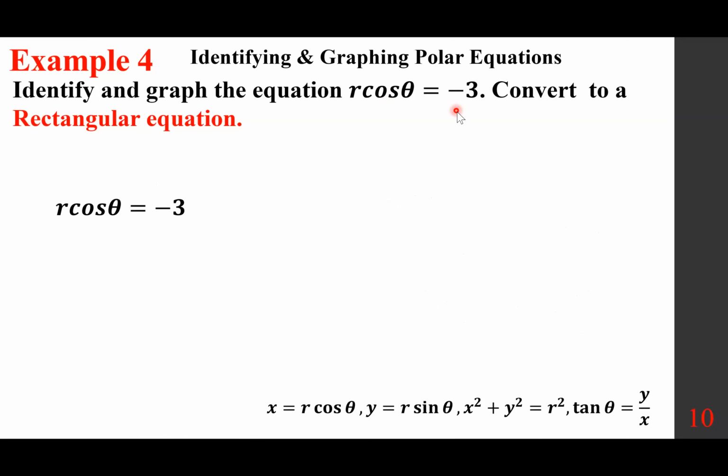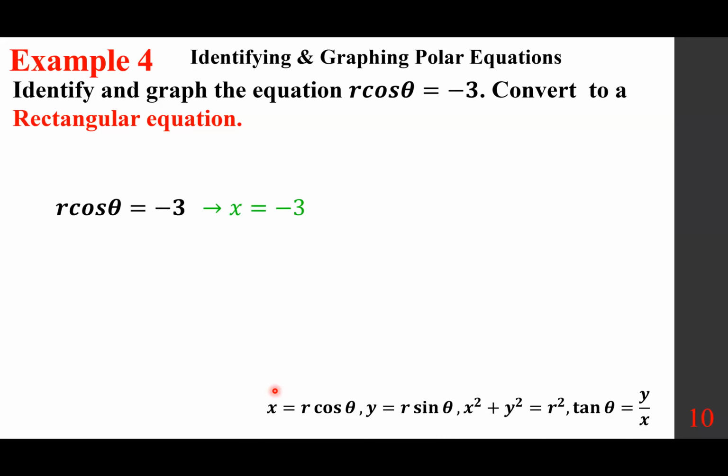Very simply put, we look for r cosine theta. We recognize r cosine theta as x, if you will. That's the methodology, recognition. And therefore, x equals minus 3 is the answer.